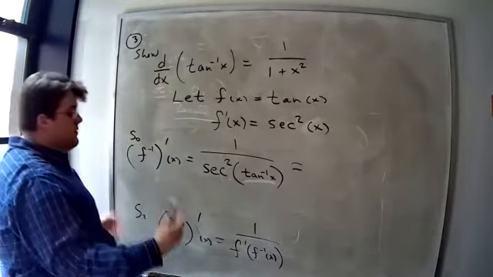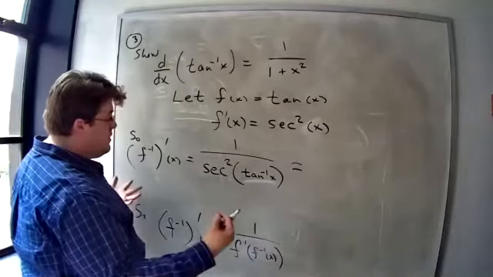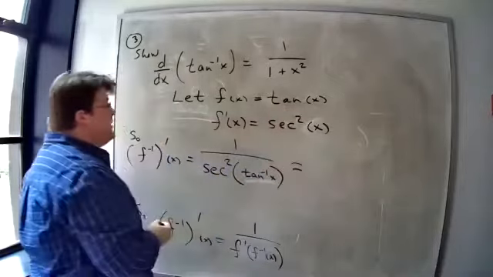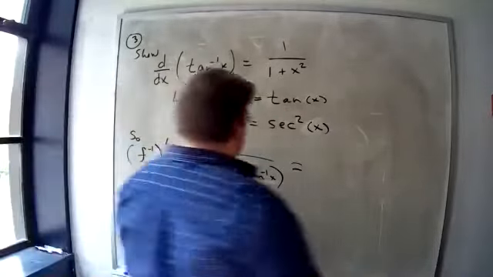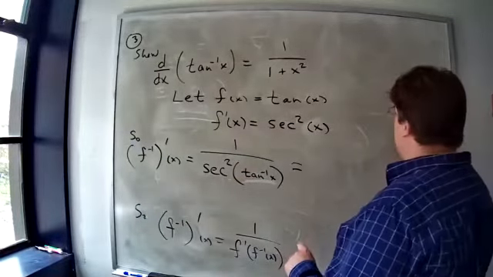So we're looking for the derivative of inverse tangent. This is the general derivative of an inverse function. In particular, we can use it to find the derivative of the inverse of tangent, which is the inverse tangent function.